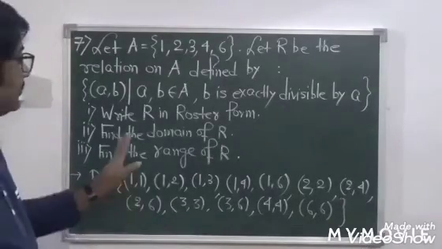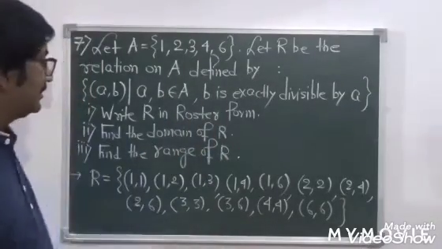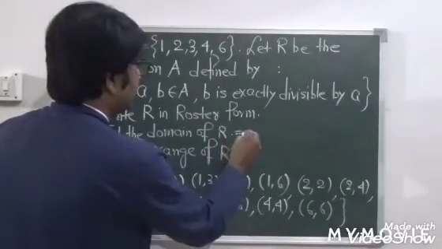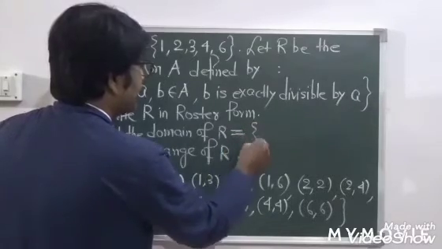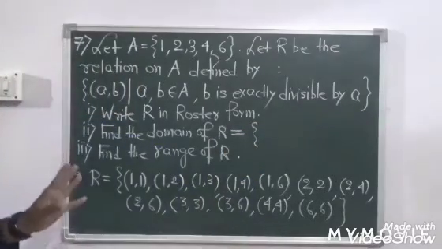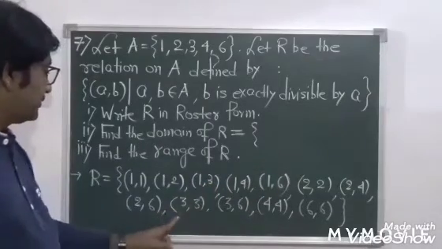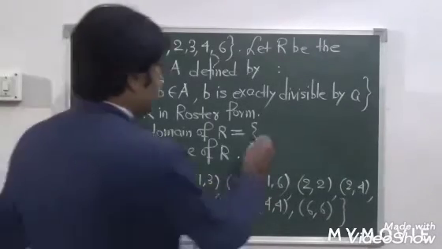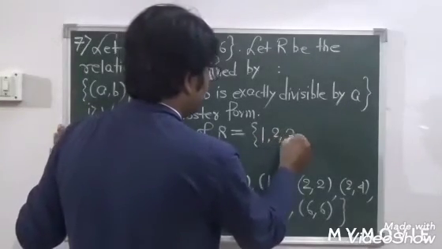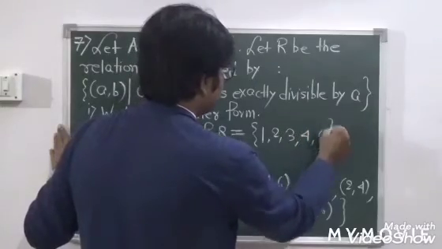Now to find the domain of this relation, we are running out of space, so if you write it here, what is the domain? All the first elements. So it is 1, 2, 3, 4, 6.